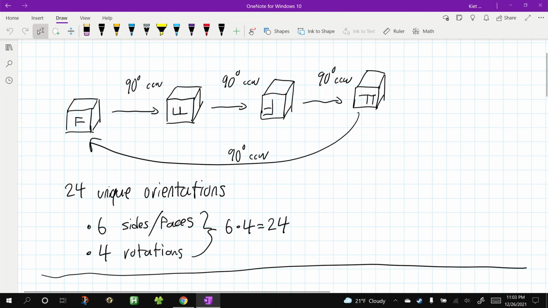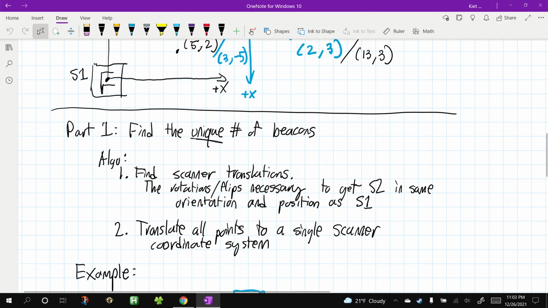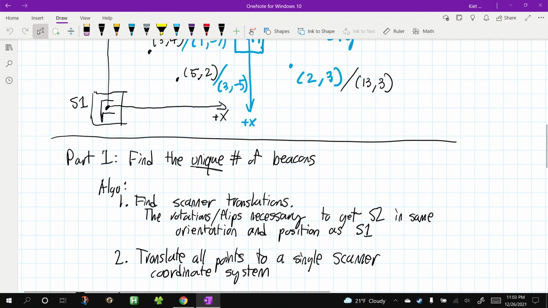We have a bunch of scanners placed around this 3D dimension, and the problem is that they can be in various different orientations. So for the first problem, what we're trying to do is just find the unique number of beacons.